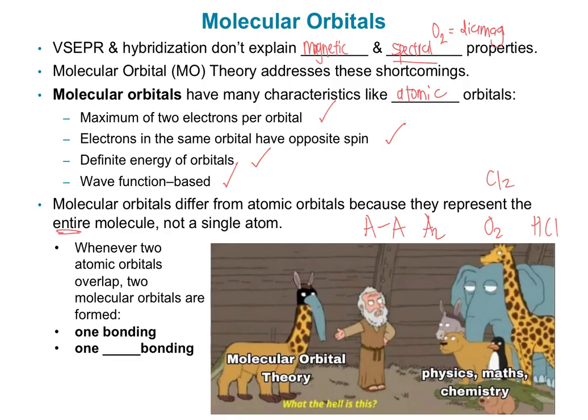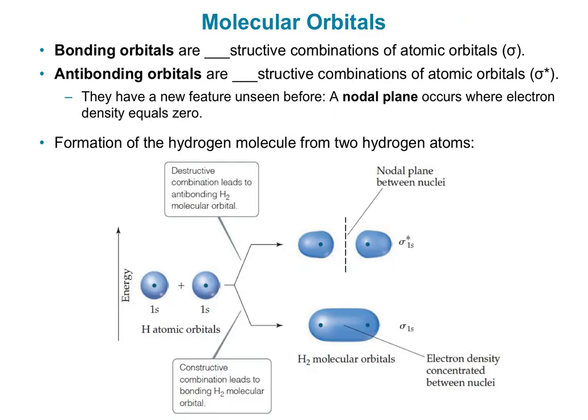So far, from valence bond theory, we said, okay, I have an s orbital here, an s orbital here, they overlap, cool, we get a bond. But what we get with MO theory is one bonding orbital and also one anti-bonding orbital. What do I mean by anti-bonding orbitals? We take these 2 orbitals and put them together.